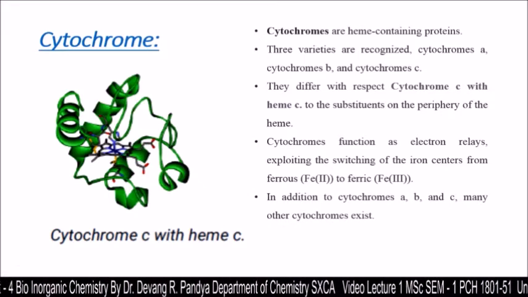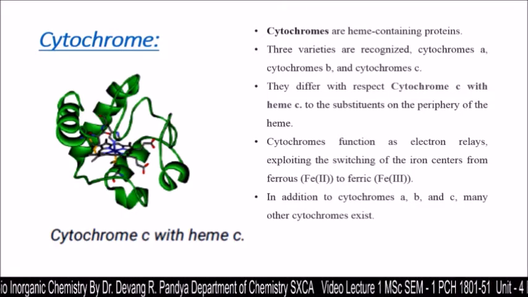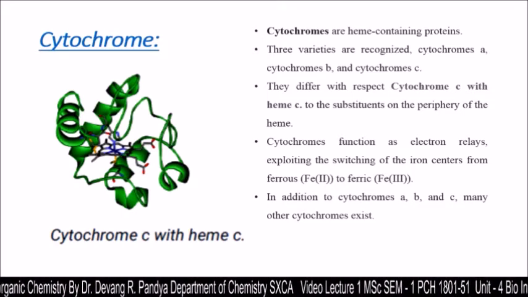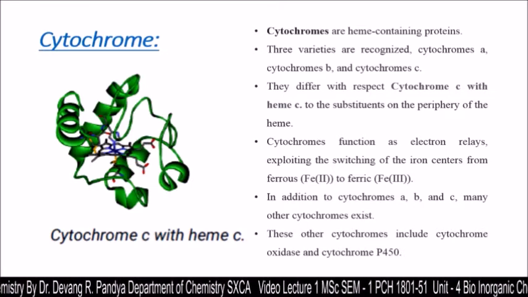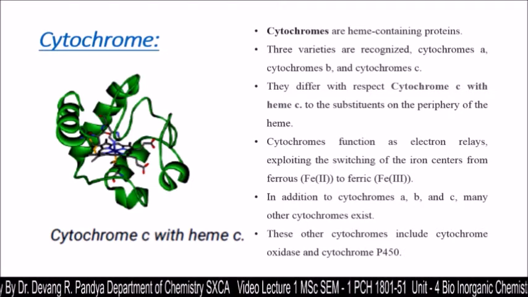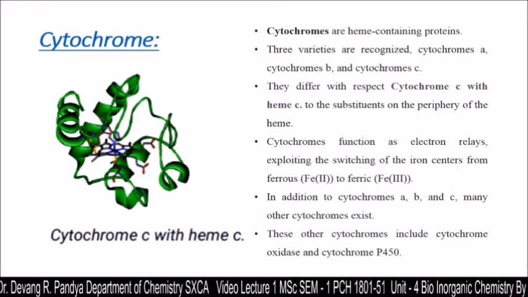In addition to cytochromes a, b, and c, many other cytochromes exist. These other cytochromes include cytochrome oxidase and cytochrome P450.